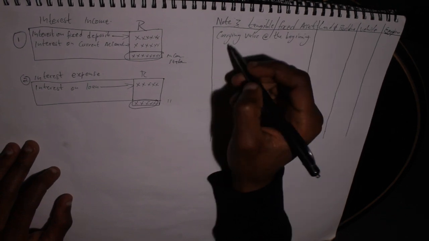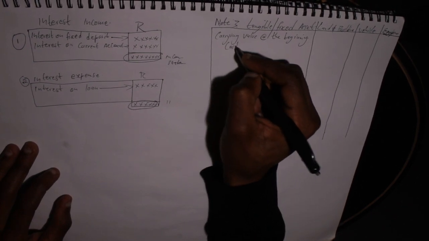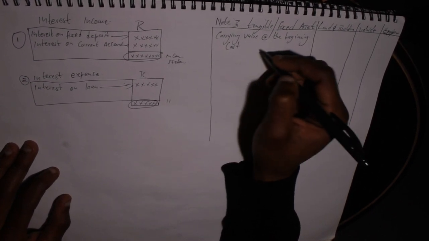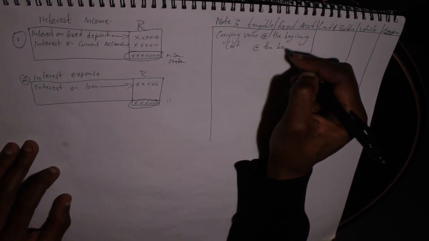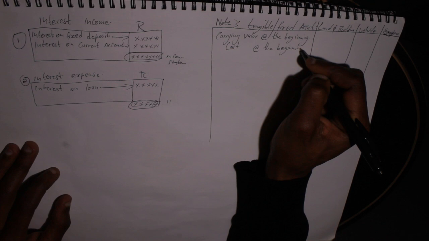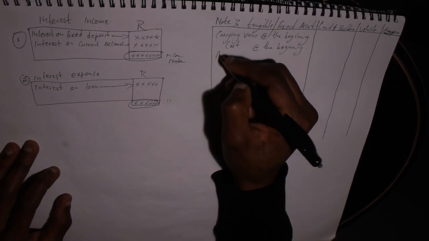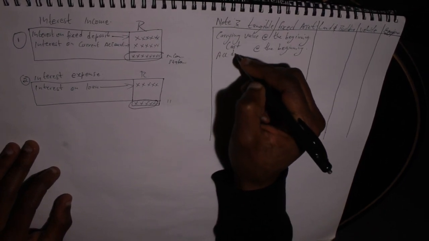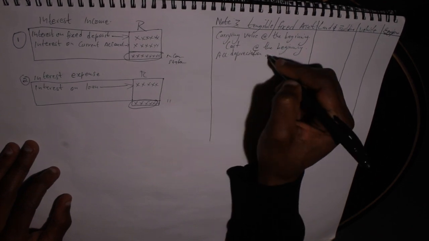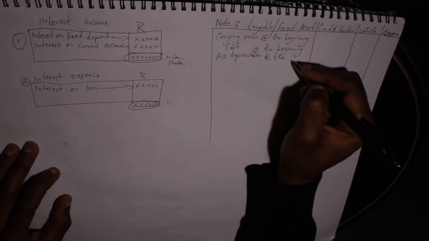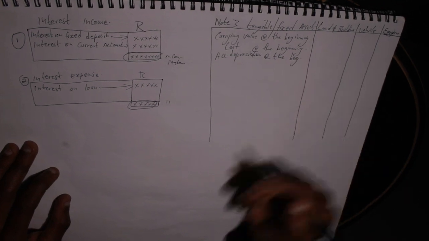Then we have cost price or cost. This is also at the beginning. And we also have accumulated depreciation at the beginning. I'll just do that.